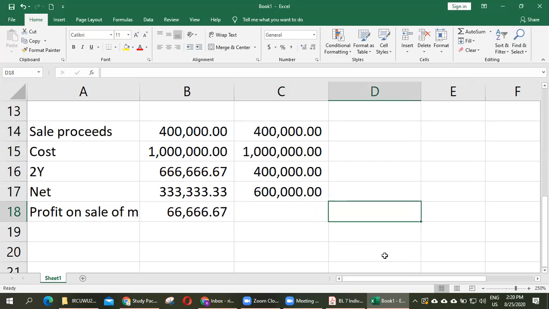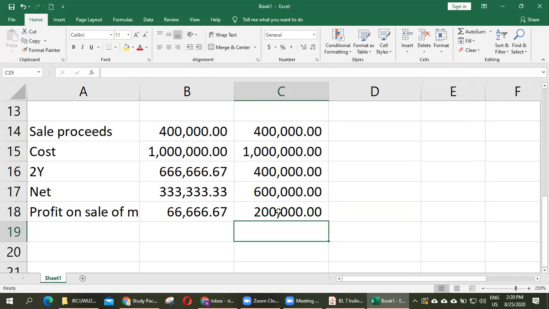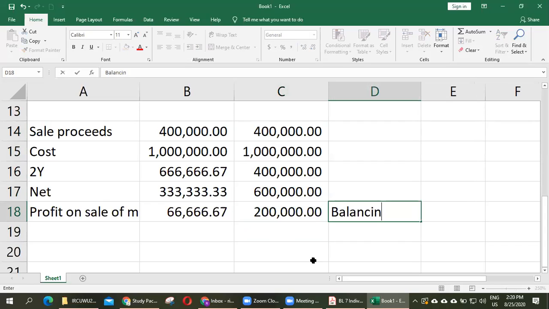Yes, yes. How much loss is this value? This loss. This value is called balancing allowance, right? This is called balancing allowance.